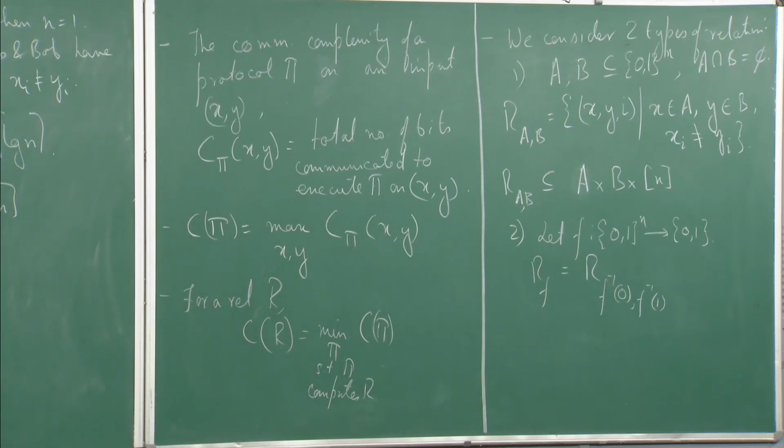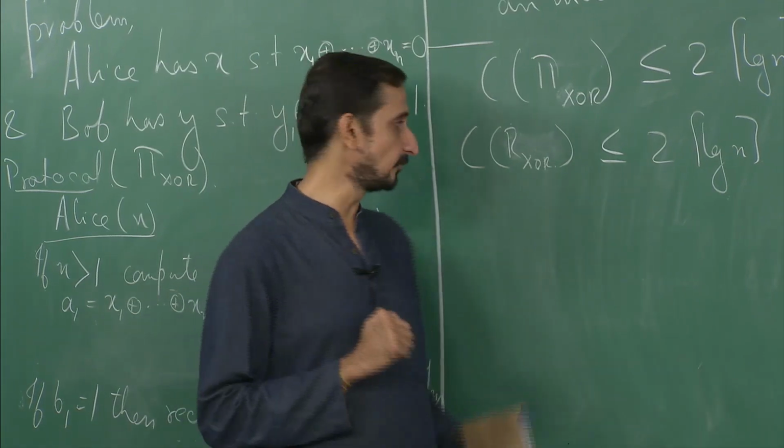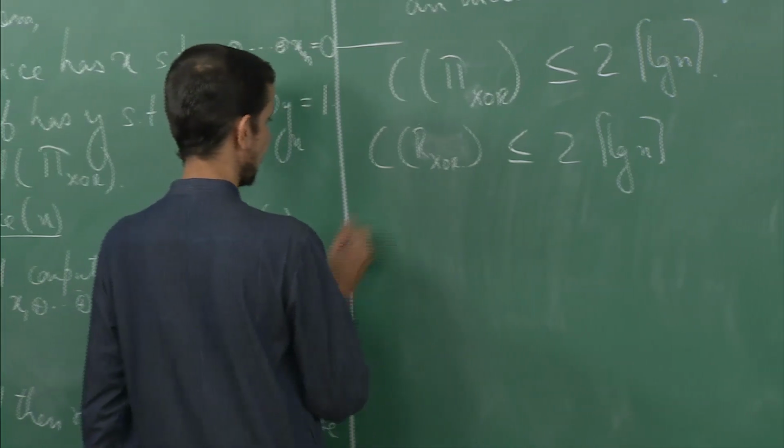Now, what can we say about the minimum depth of a circuit computing XOR? For the purpose of this topic, we are only looking at bounded fan-in circuits, circuits over AND, OR and NOT gates.